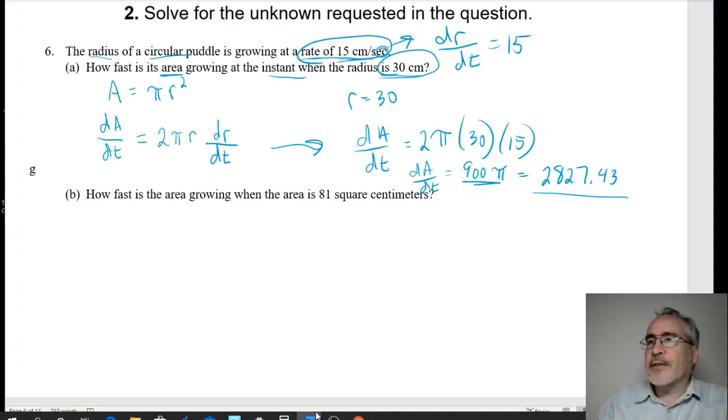We use the first formula, before we took the derivative, to find r. So we start with area equals pi r squared. We put 81 in for the area because that's what we're starting with. Now we solve for r. So we divide both sides by pi.